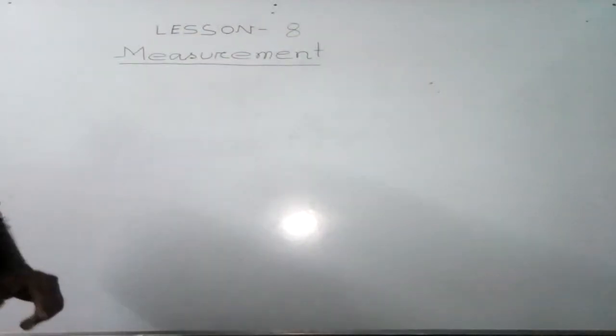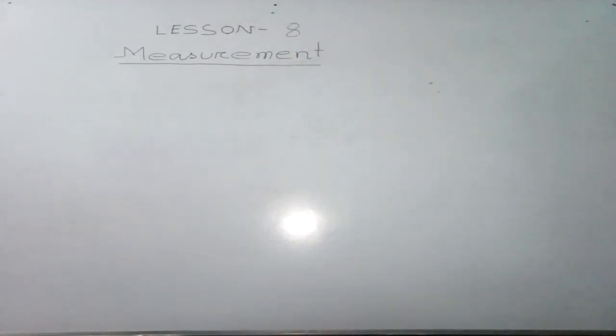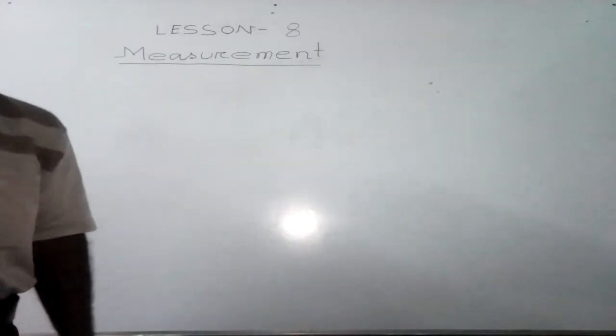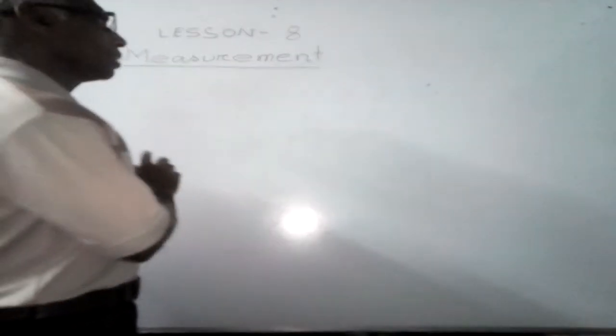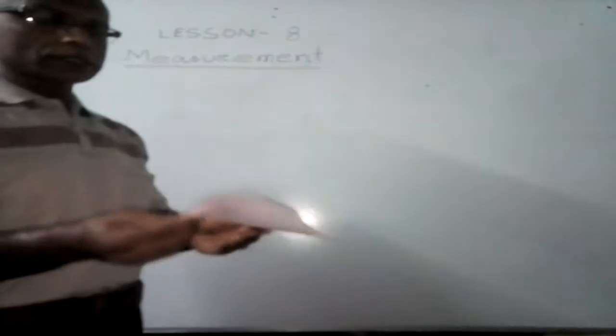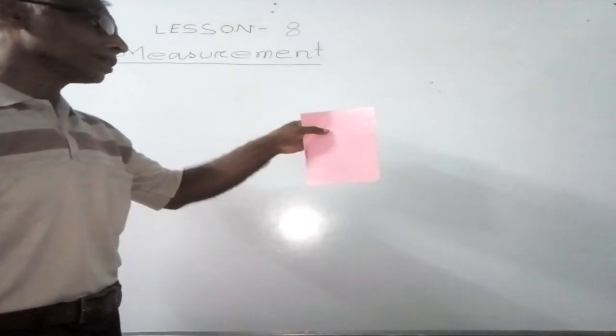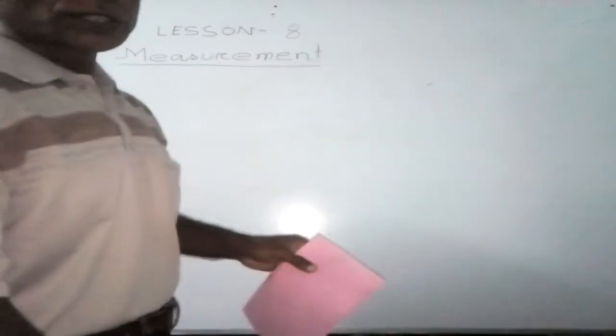Now I will tell you about lighter and heavier, isn't it? I have already told you about the sheet of paper. This is light, and this one is very heavy, isn't it?